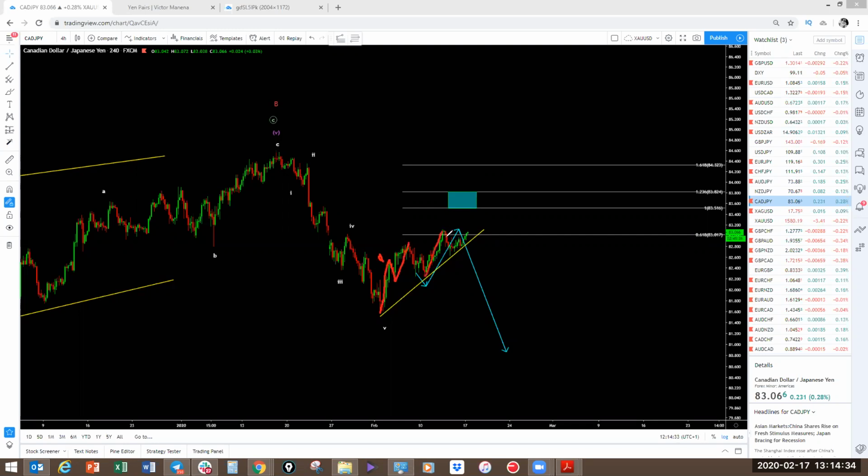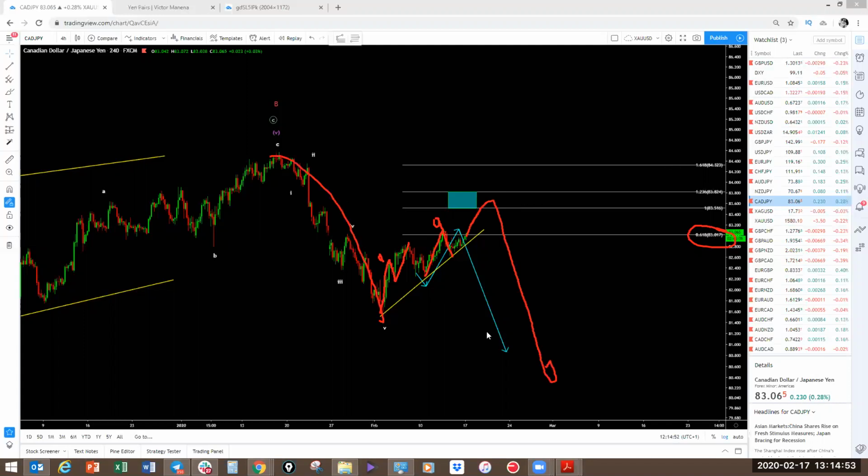And again, this is another A. If this A starts the correction at the 61.8, it is very likely, very high probable that this is going to shoot into the blue box. And from the blue box, we're going to expect a move down like this one.